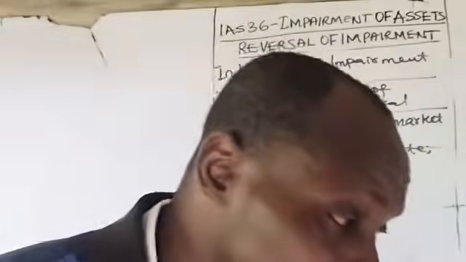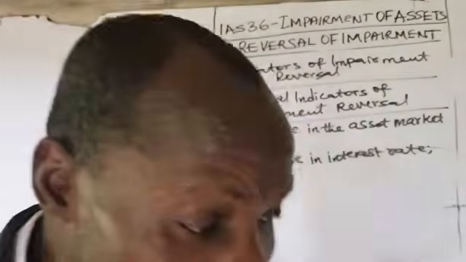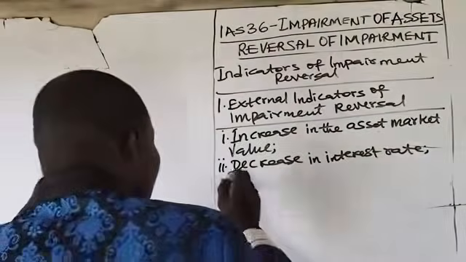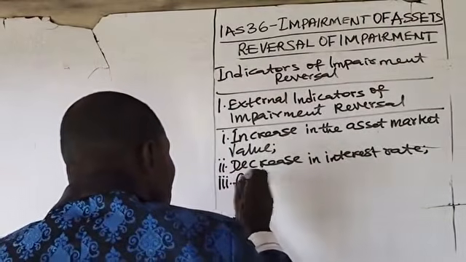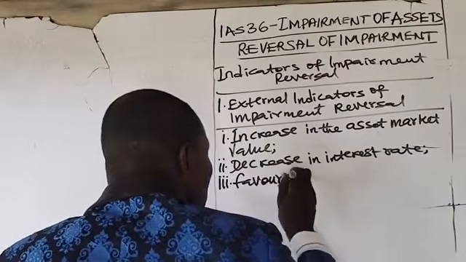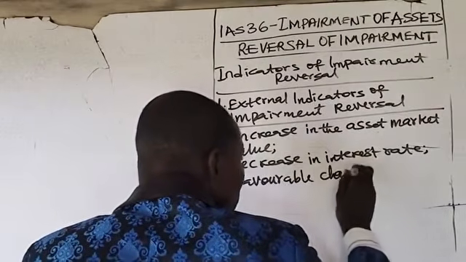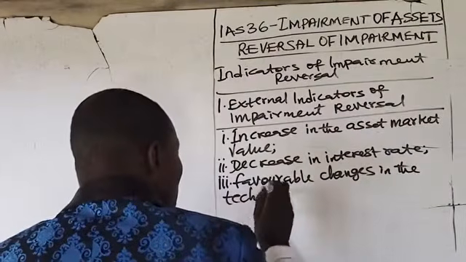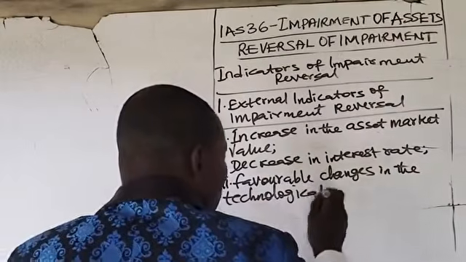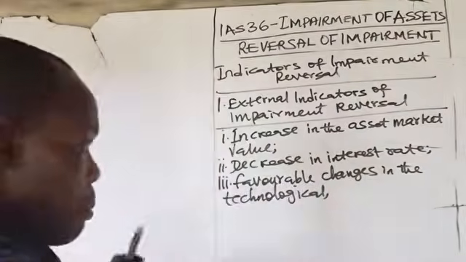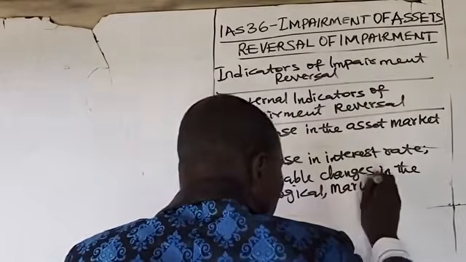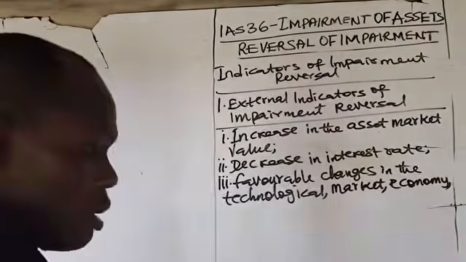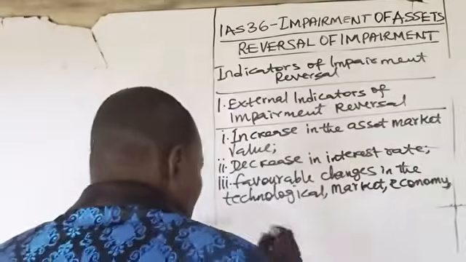Number 3 is favorable changes in the technological, market, economic or legal environment.